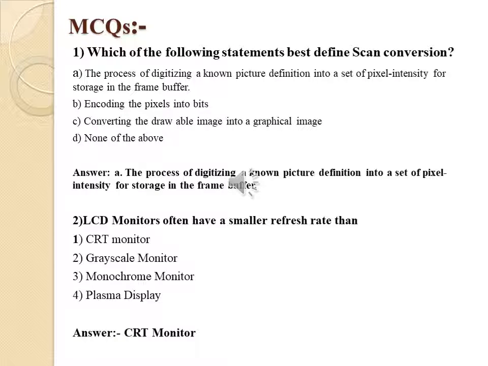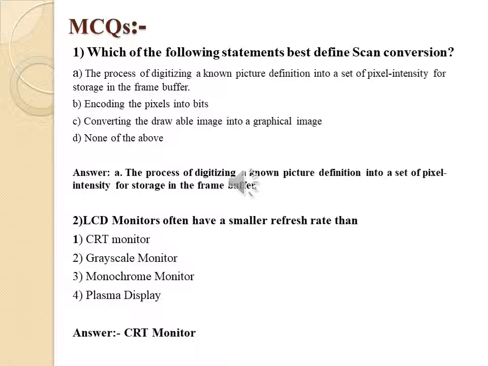Some MCQs of this video. The first is, which of the following statements best defines scan conversion? The first option, the process of digitizing a known picture definition into a set of pixel intensities for storage in the frame buffer. Second, encoding the pixels into bits.